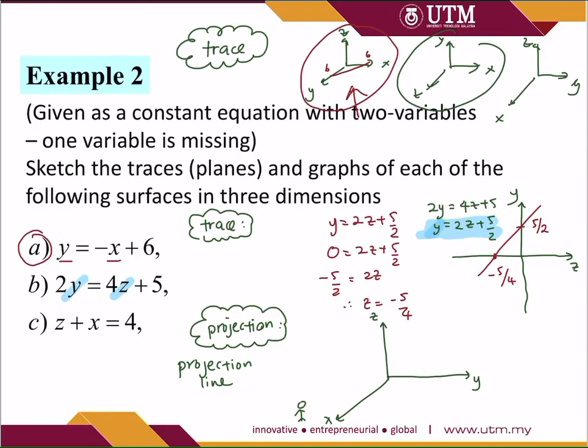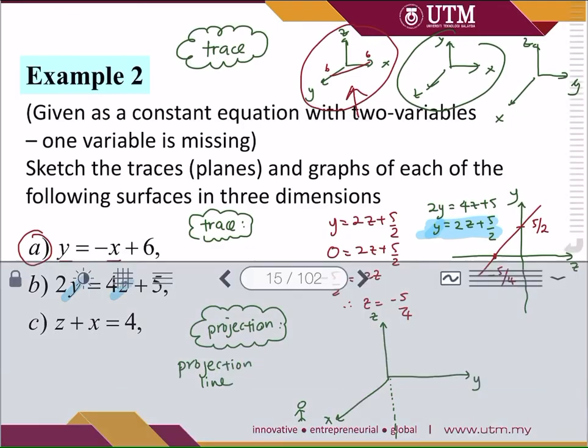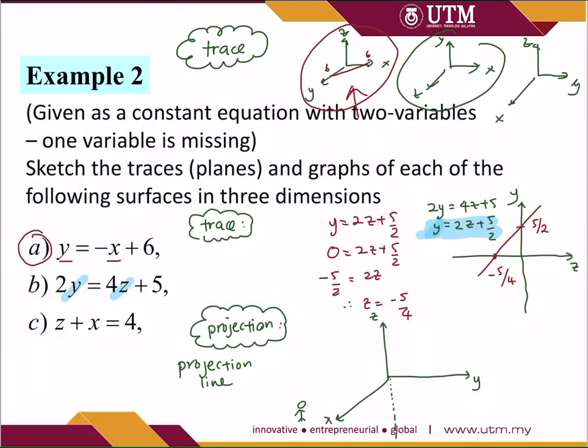In this case, z is negative, meaning that it is negative 5 over 4, and y is positive.